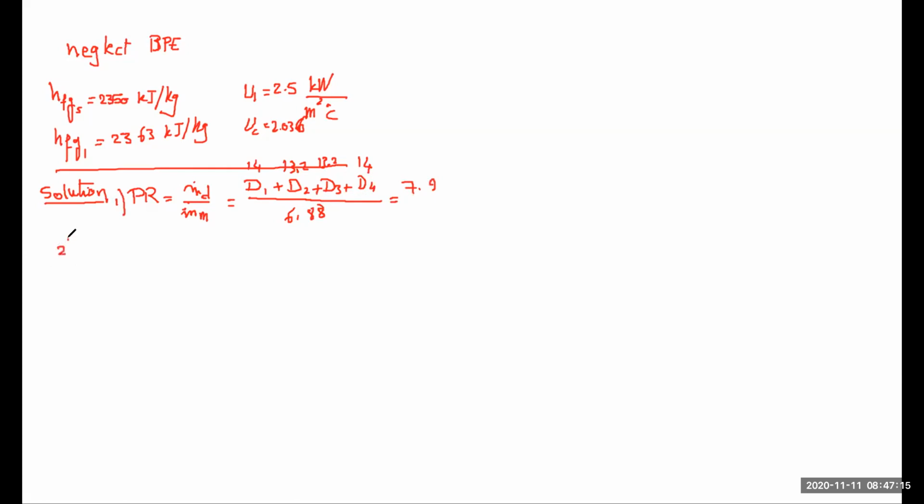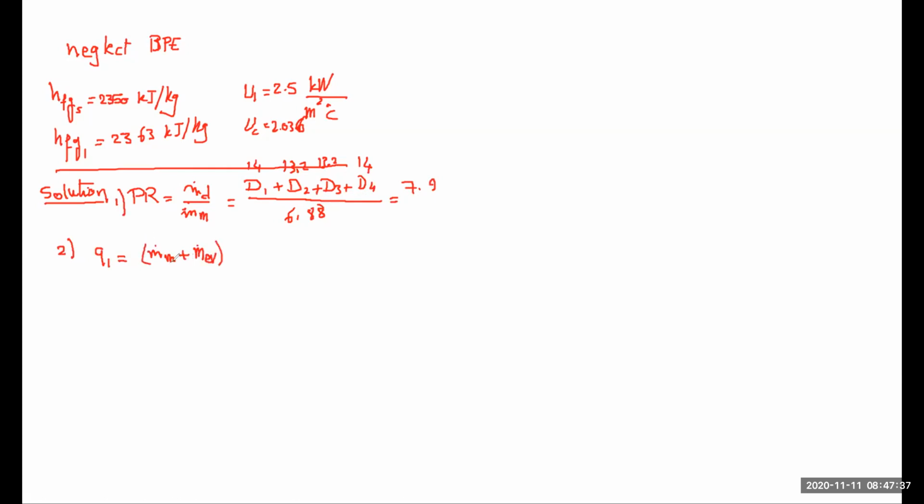The second thing needed is related to the areas. And for the areas, we'll need to calculate Q1. Q1 basically is m dot motive steam plus m dot entrained vapor.